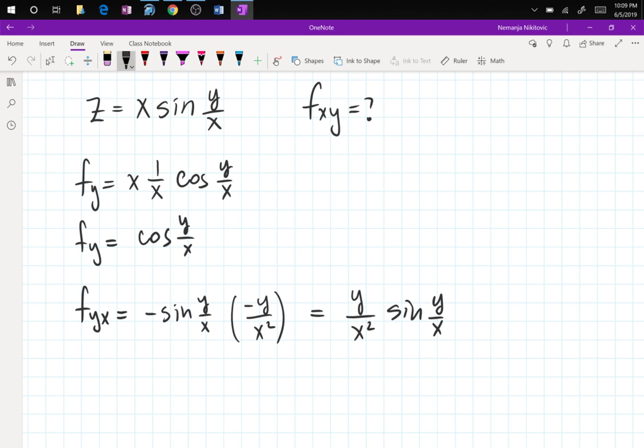And that would be the same as if we did x first and then y. But it's clear in this particular example that y is a better choice for a first derivative because it did not introduce the product rule. And in addition, it knocked off the x. So the next time we took the derivative, we had an easier time dealing with it. So you have an option to run x first or to run y first, whatever makes it easier.